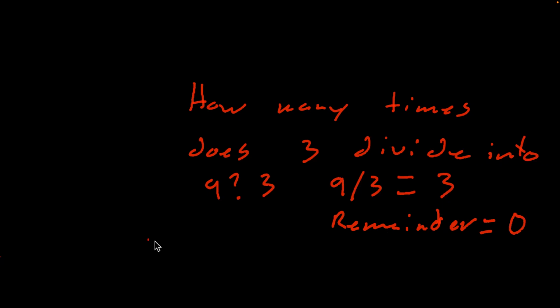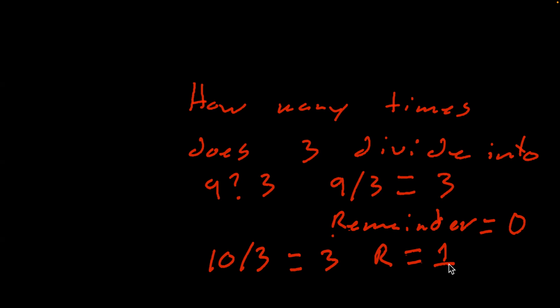Okay, what about 10 divided by 3? It divides 3 times with a remainder of 1. Yes. Equals 3 with a remainder equaling 1. So that is what the modulo operator is checking.